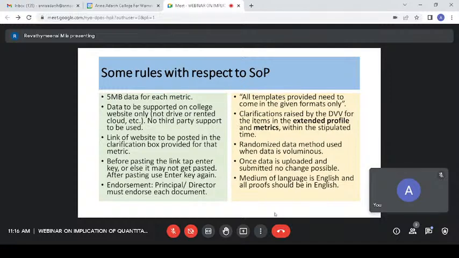Once you have uploaded the data and you have submitted the data, no change is possible. This is the next part that I want to make a mention of. For example, you feel that in sports and in arts, in the past 5 years, 6,000 students have participated. That's quite possible, though you may be having 3,000 students, because there can be repeats for different events.